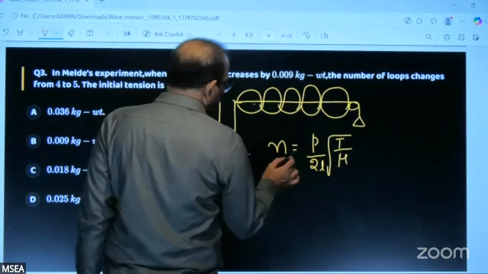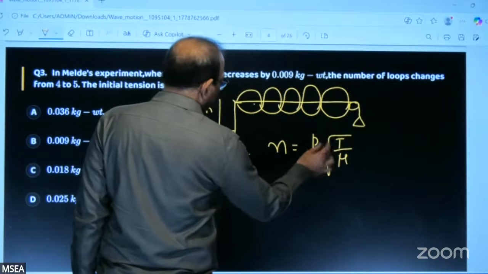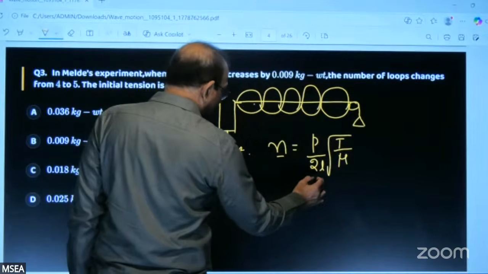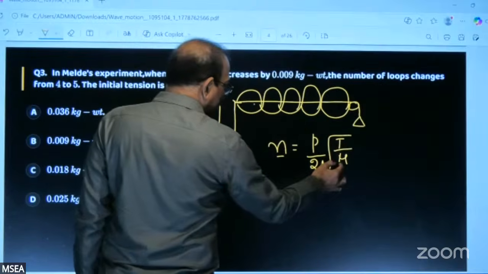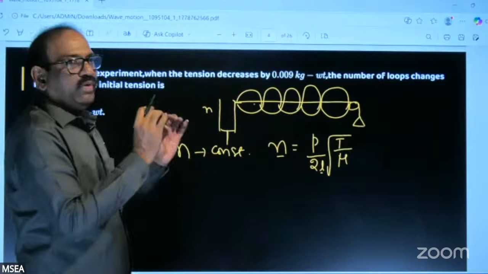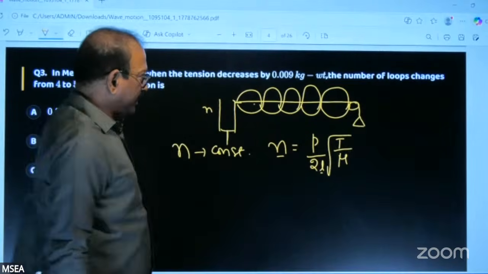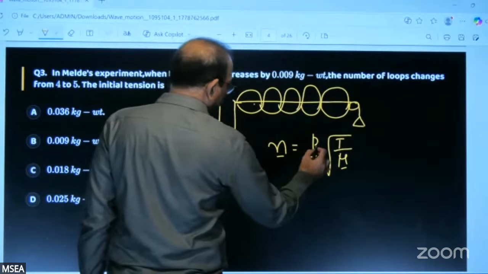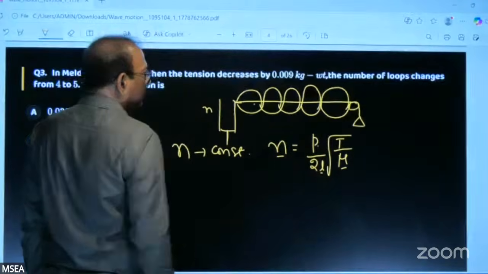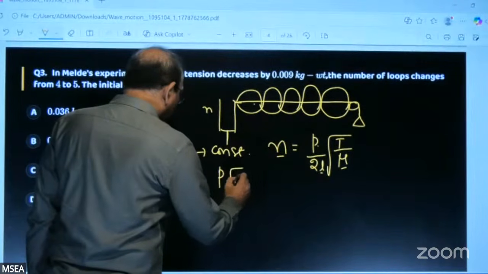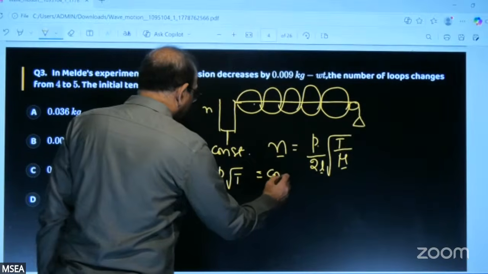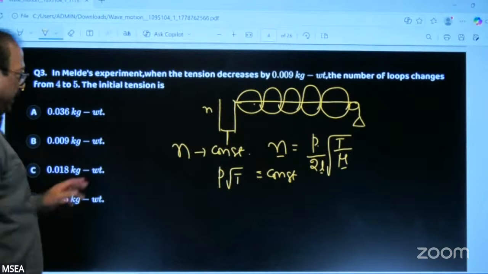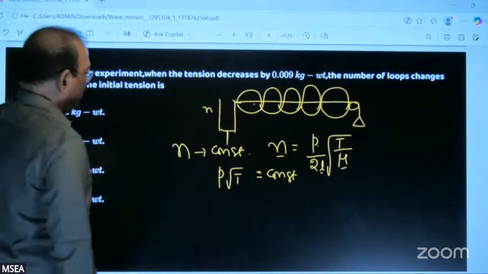Here what you are changing is the tension, and because of that P changed. The remaining things are the same: frequency constant, length of the wire constant, linear density constant, since the wire material and thickness are the same. So n, L and mu are constant; the variables are P and T. So you write P into root T is a constant.